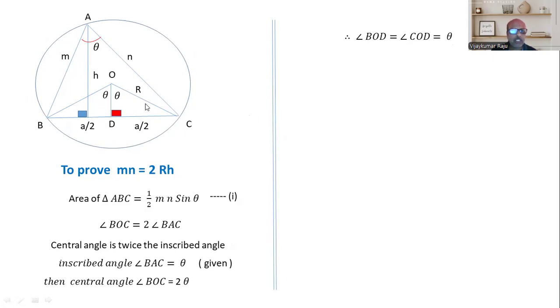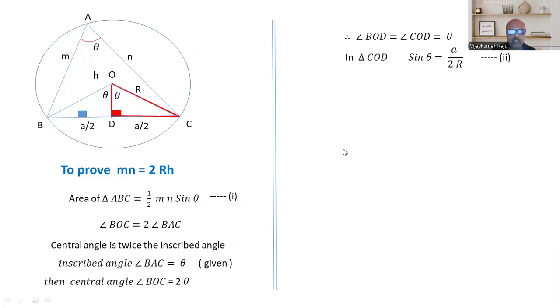Now let us take this particular triangle COD. In triangle COD, take the sine of this angle. Sine is A by 2 upon R. So sine of theta is equal to A upon 2 into R. So A by 2R is sine theta. Let this be your second equation.